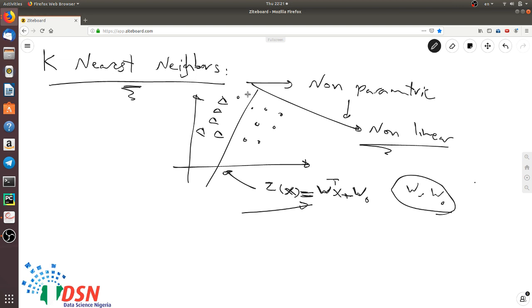But NN and instance-based methods, some of them are non-parametric methods. We call this instance-based learning.